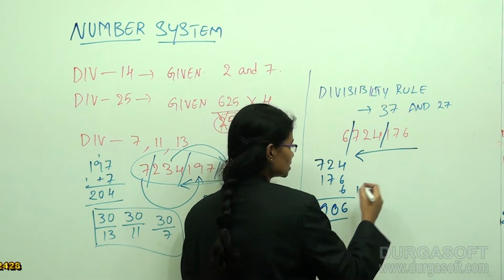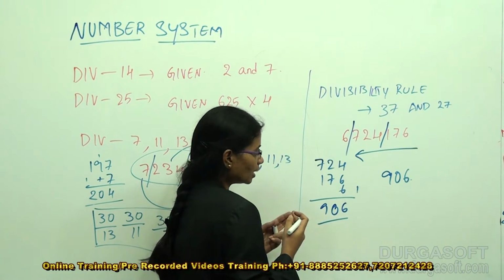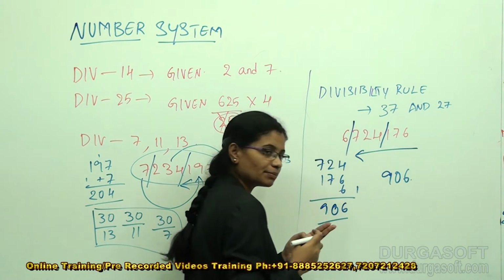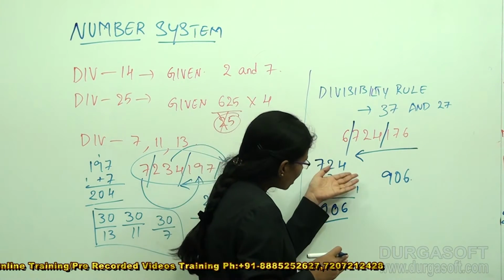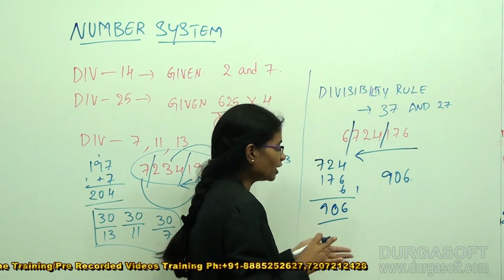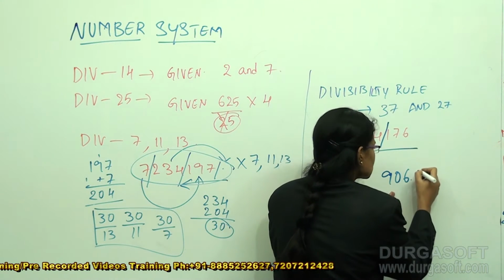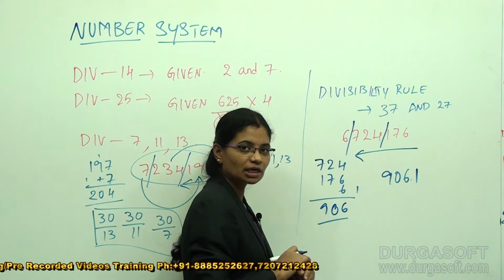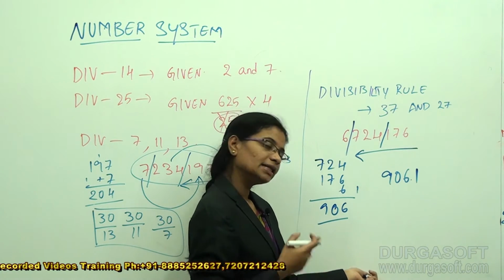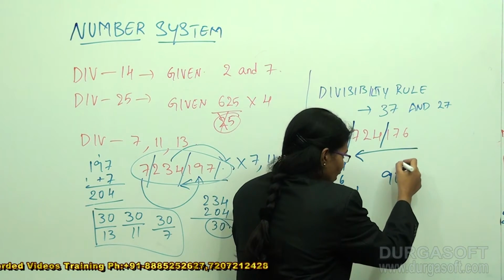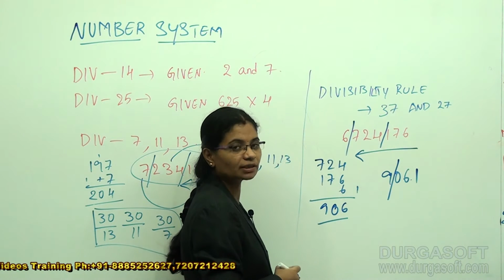So, this 906 number. For example, if even after adding, I got not only 906 but 9061, assume that even after adding I got a 4-digit number, then also you can divide this number into compartments of 3 digits each.